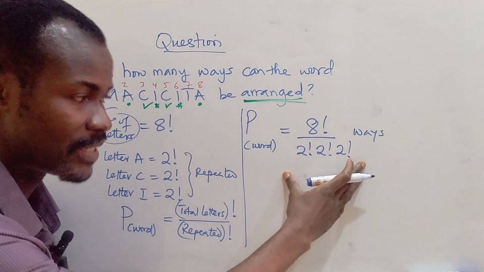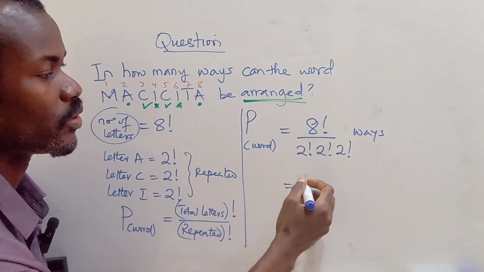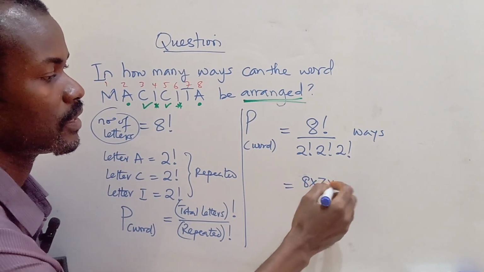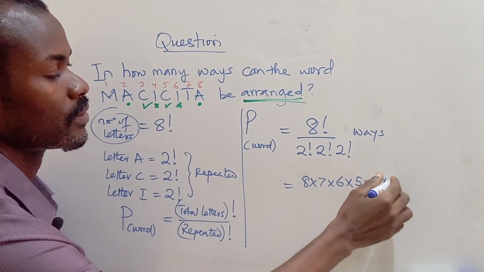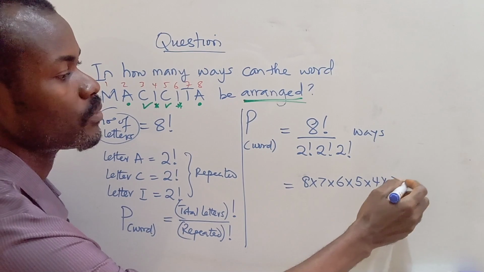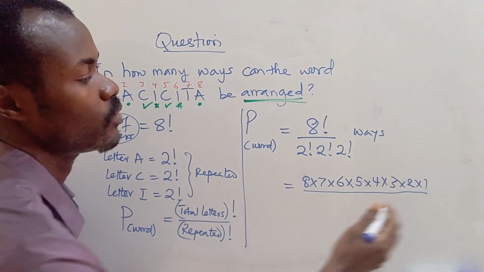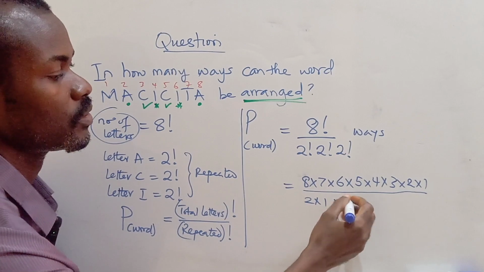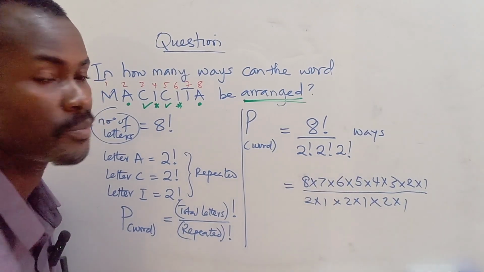But we can still solve this out. Let's see what that gives us. Now 8 factorial simply means 8 times 7 times 6 times 5 times 4 times 3 times 2 times 1, all divided by the denominators. 2 factorial means 2 times 1, 2 factorial also means 2 times 1, and 2 factorial also means 2 times 1.